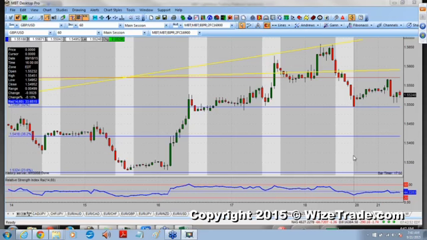Support is going to be right through here. Now that red candle right there is not valid, not on my charts. Hold on really quick.